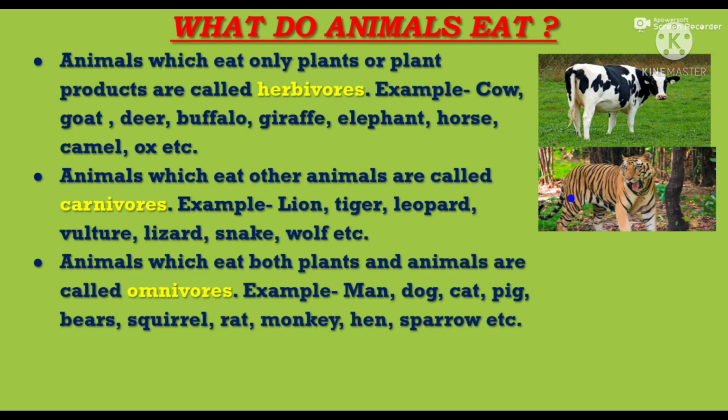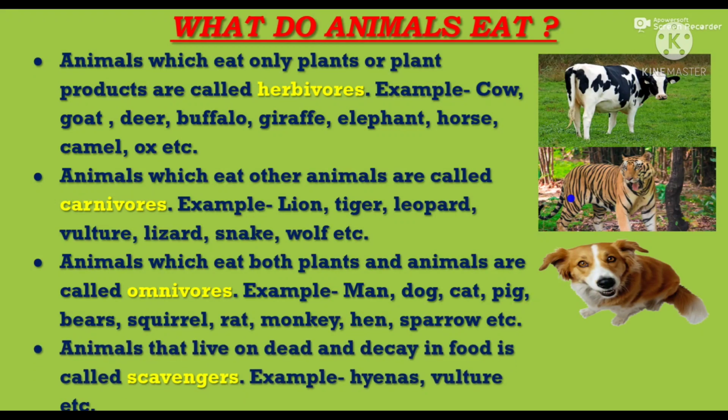Next category is omnivores. So what is an omnivore? Animals which eat both plants and animals are called omnivores, for example man, dog, cat, pig, bears, squirrel, rat, monkey, hen, sparrow. These are omnivores. Then another category is scavengers or detrivorous.